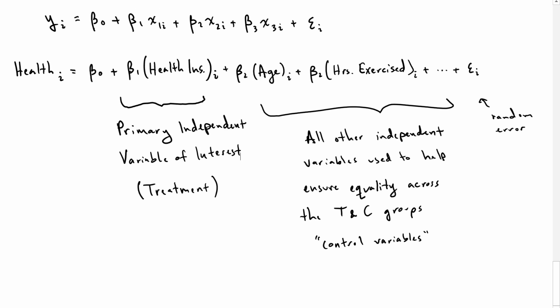If you recall the video on statistics, we talked a little bit about how we interpret beta 1 and each of these regression coefficients. What we're going to explore in the next video is in a little more detail how we interpret beta 1, or any beta for that matter, and how that helps us think about a causal effect of X on Y, or in this case, health insurance on health.